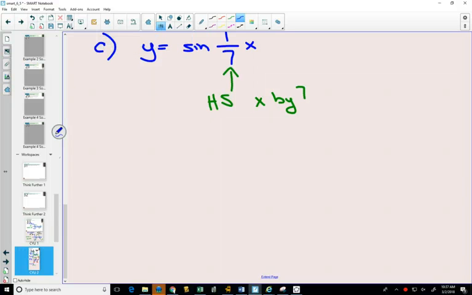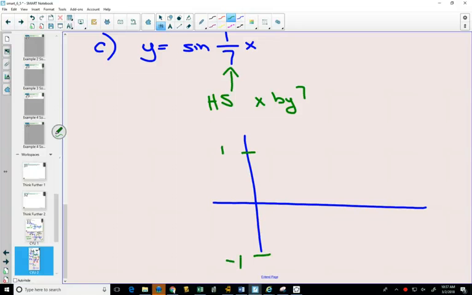So when I go to graph this, well, sine still has a maximum of 1 and a minimum of -1. My period normally is 2 pi. But now that I've stretched it by a factor of 7, when I multiply 2 pi by 7, I'm going to get 14 pi.